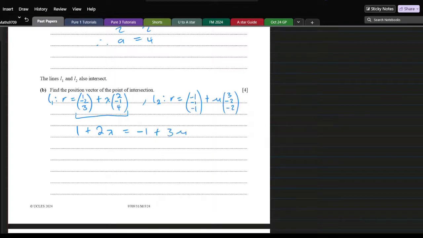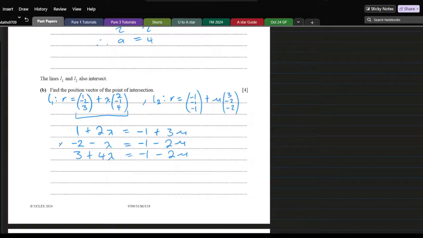And then the second one is negative 2 minus lambda, which would be equal to negative 1 minus 2 mu. And then the third one is 3 plus 4 lambda, and this is equal to negative 1 minus 2 mu.